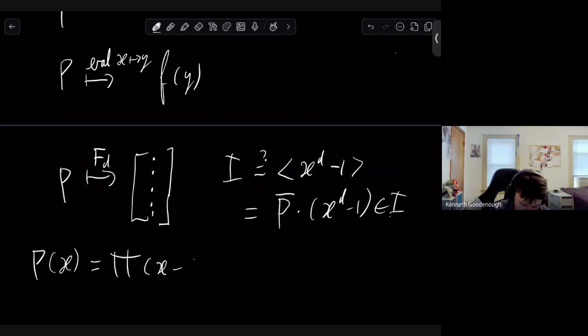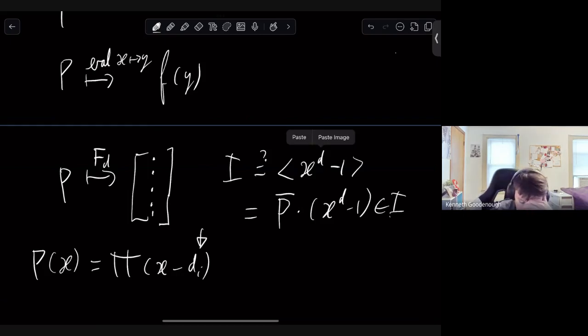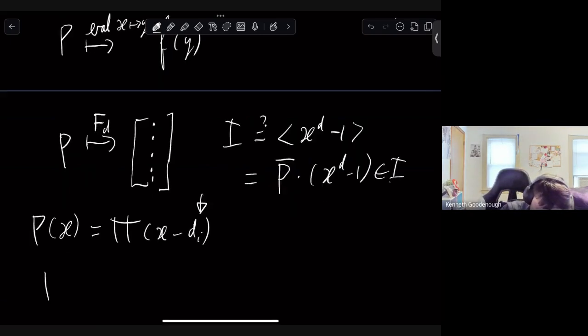Let's use d sub i here. And this is a product, by the way, in case that wasn't clear. But we know that there will be at least one occurrence of the roots of unity for its d_i's, meaning we can divide this polynomial by, sorry, let me be explicit.